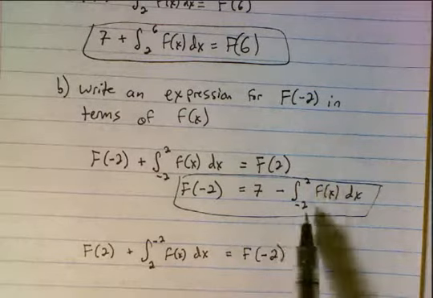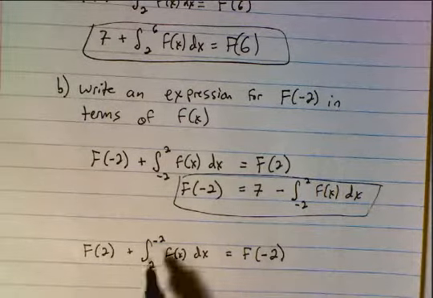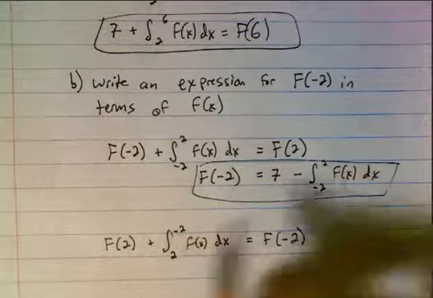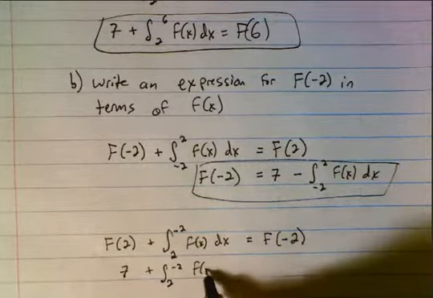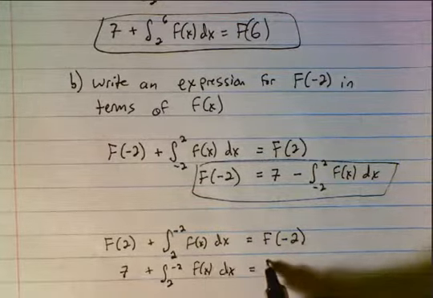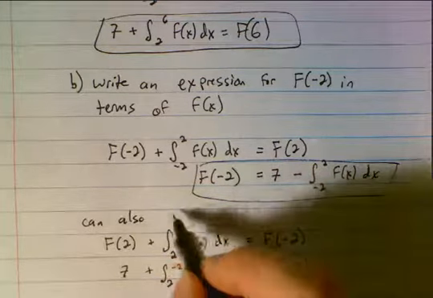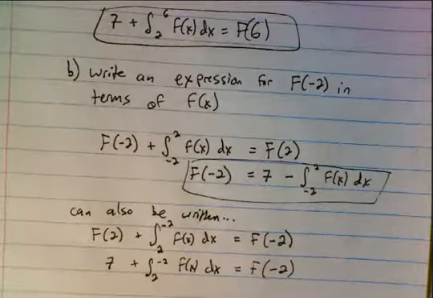So negative integral from negative 2 to 2 is the same as the positive integral from 2 to negative 2. So F of 2 we knew was 7. Like that.